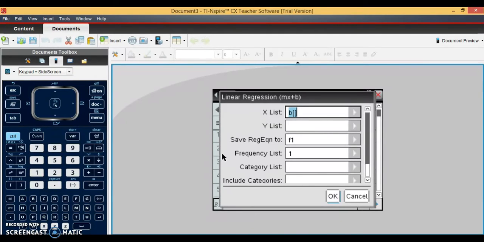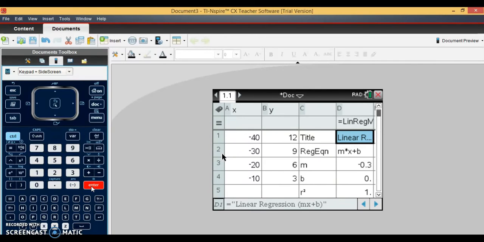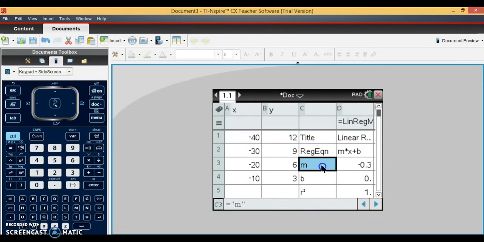Once you have this window, you're going to delete what it says for X, and you're just going to simply type in X again. Come down to the Y, type in Y, and then you can click Enter 2 times. Then this is going to pop up. Notice how your calculator is already telling you what M is, and it's telling you what B is.